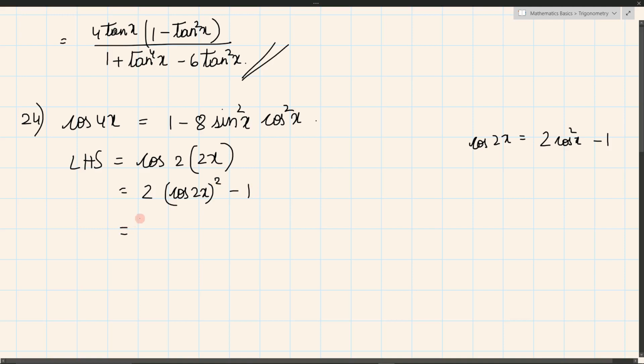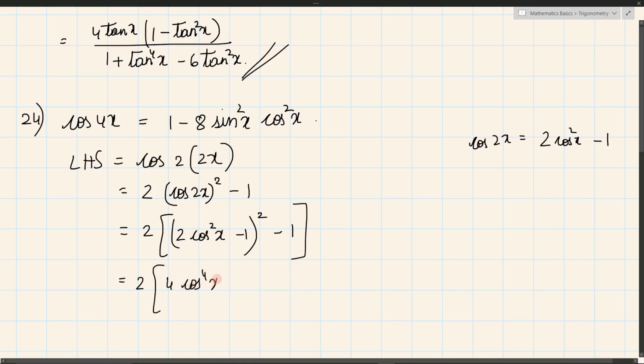So we can expand the cos 2x again. So we have 2 multiplied by 2 cos square x minus 1 whole square minus 1, right? So let us expand this. 2 into 2, 2's are 4, 2 square is 4 cos to the power 4x plus 1 minus 4 cos square x minus 1.